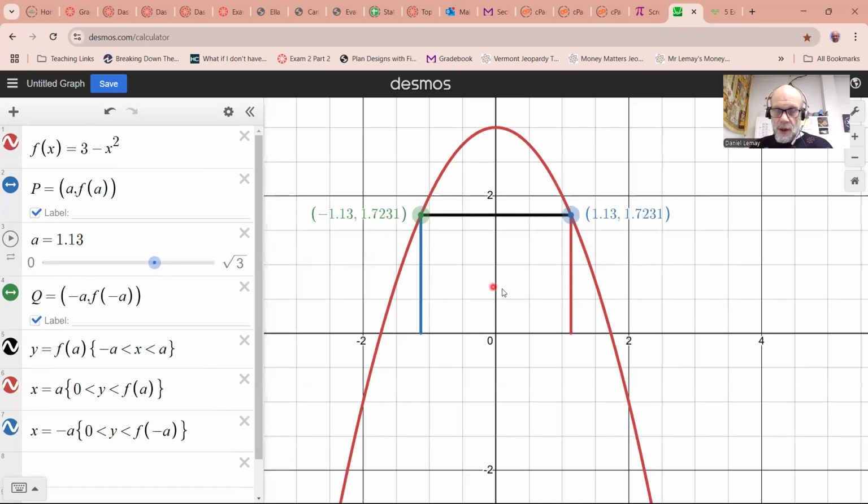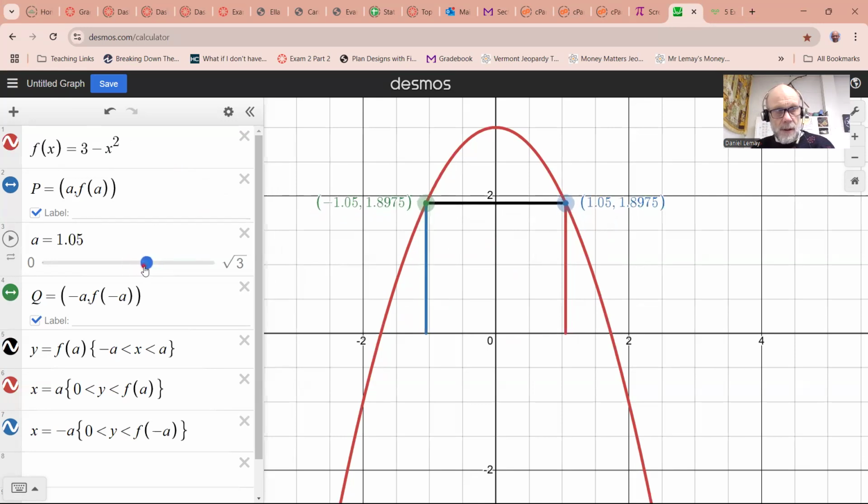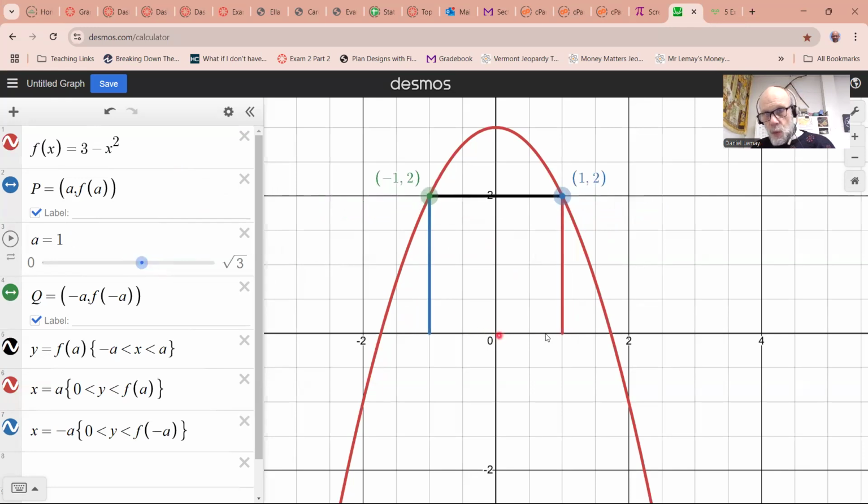Here's what I'm going to do. The tricky part is the x value here. Let's make it 1, a nice number. When it's 1, this is too wide, and too high.